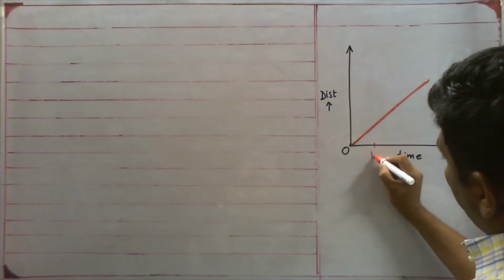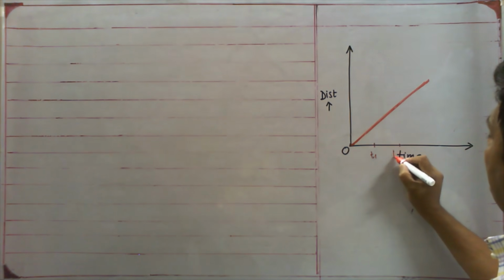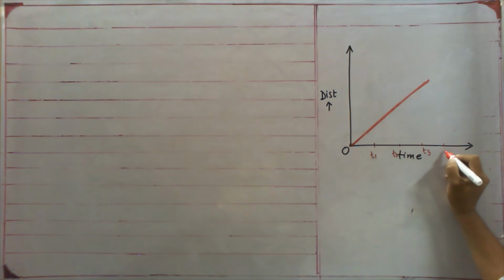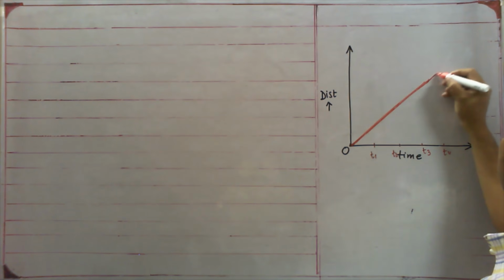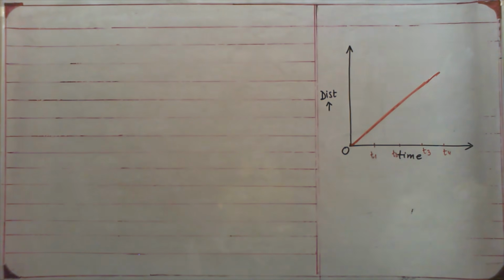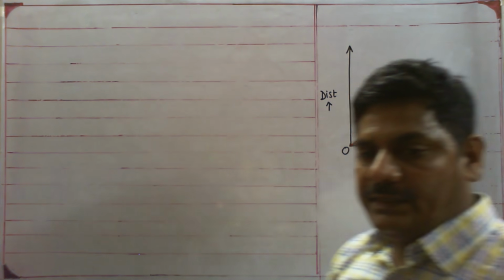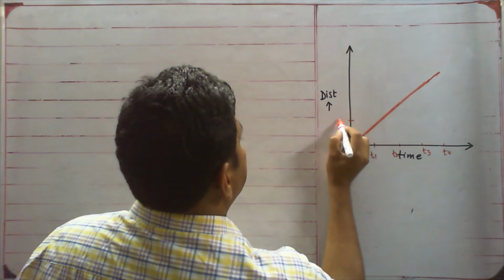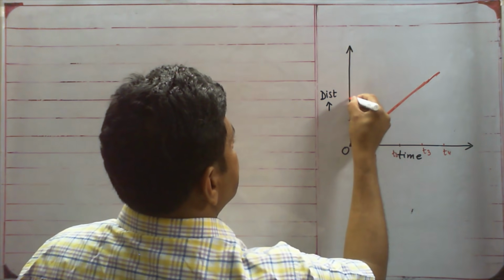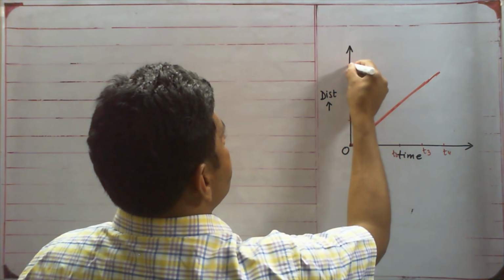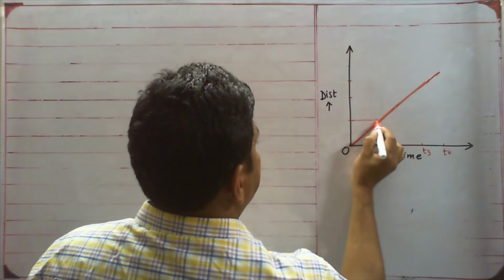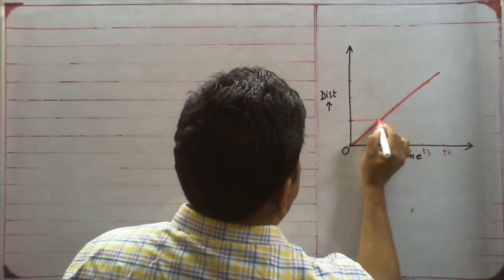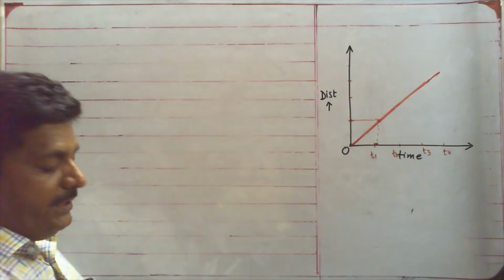Let us say this is time t1, this is time t2, this is time t3 and this is time t4. Okay, let us say these are the different times. Let us say the distance is, so these are the points we are getting. This is the first point.